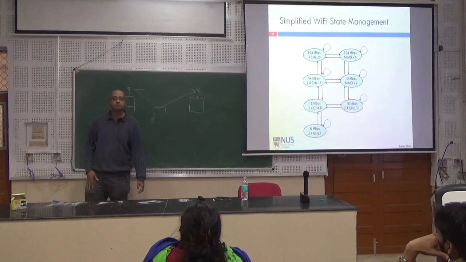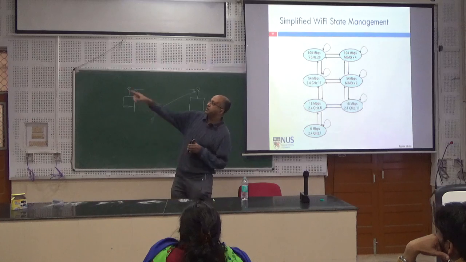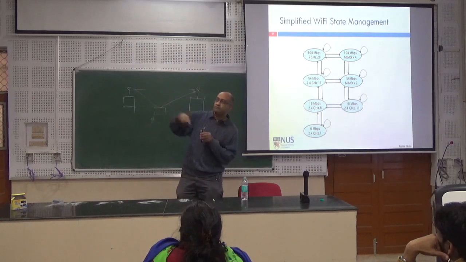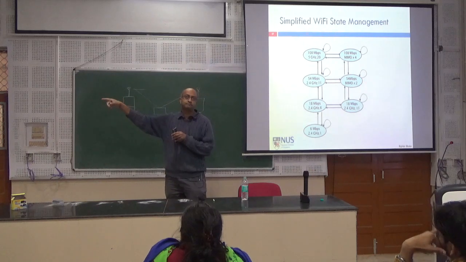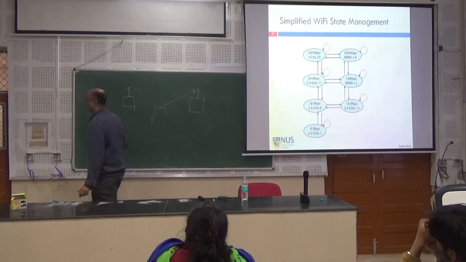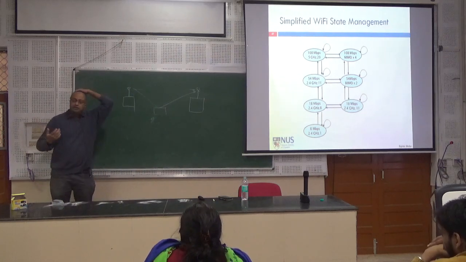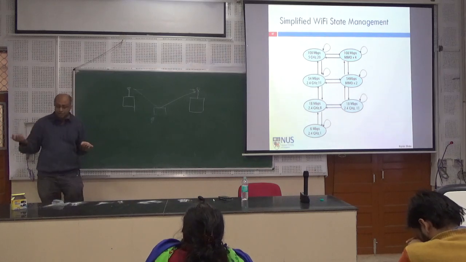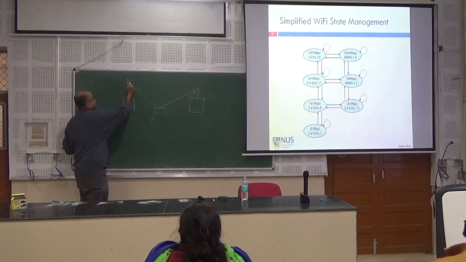Where is my phone? My phone is here, maybe the base station is on that side, and there are walls in between and so on. There is no line of sight with me. So the question is, by machine learning, can I figure out whether it's line of sight or non-line of sight? In general, there are some things you need to know. What is the transmit power here?